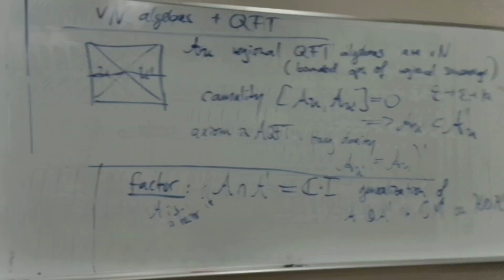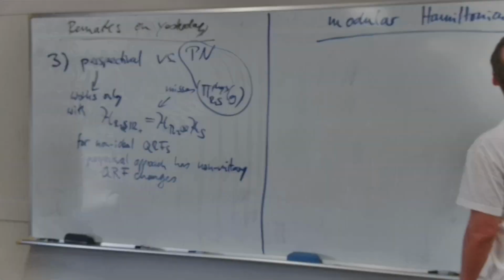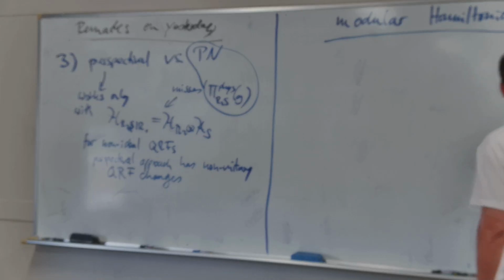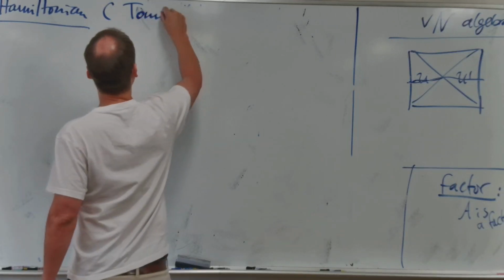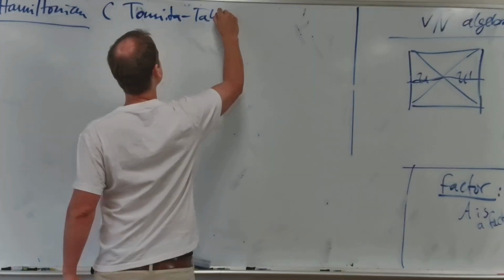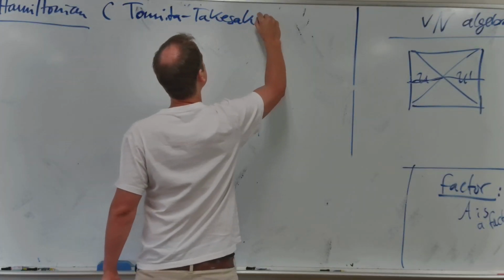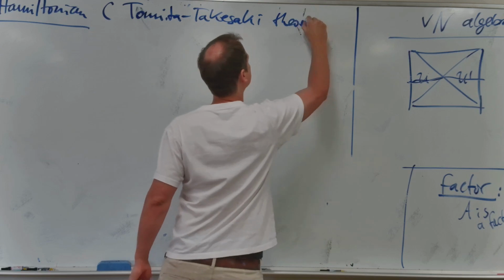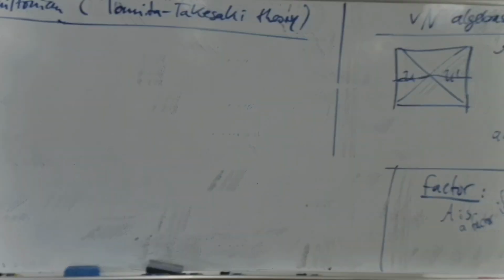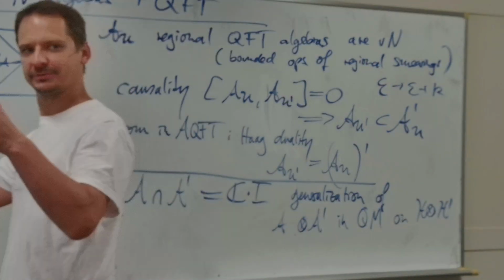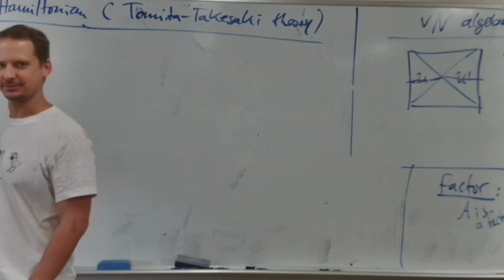Just to give you a little bit of intuition what that is, it's related to Tomita-Takesaki theory. But really, since I also want to do some other stuff today, I'm just going to scratch the surface of this stuff.